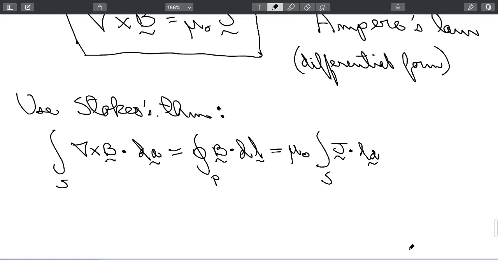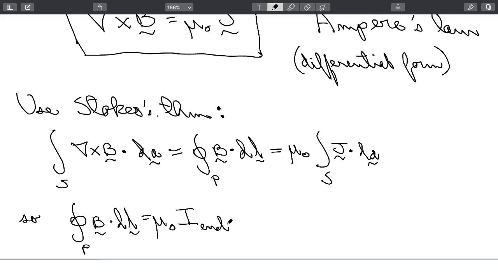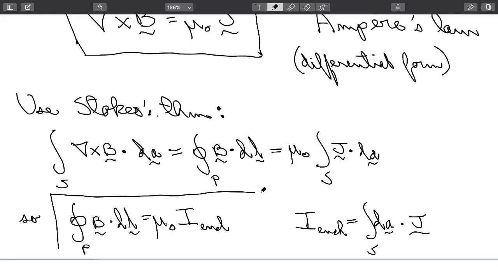Then we get the integral form of Ampere's law: the integral over a path of B dot dl is equal to mu 0 times the enclosed current, and this I enclosed is just the integral over the surface dA dotted into J. So this is Ampere again, but now in integral form.